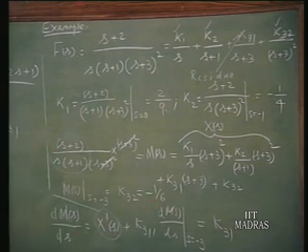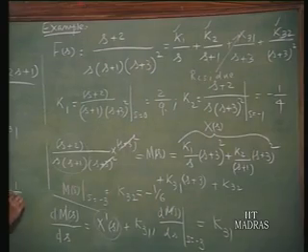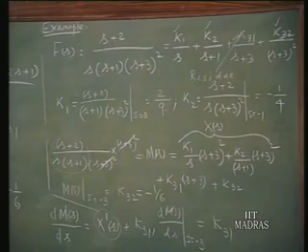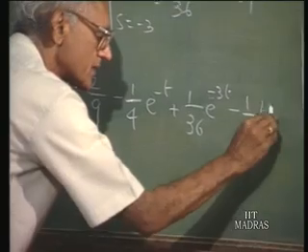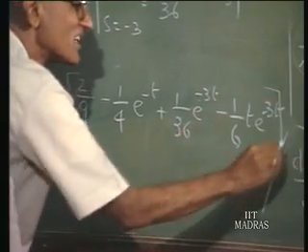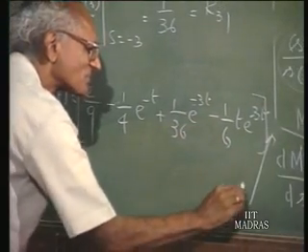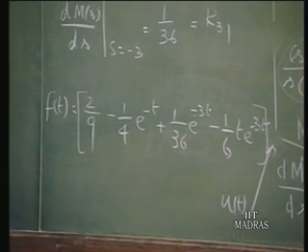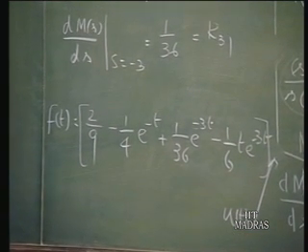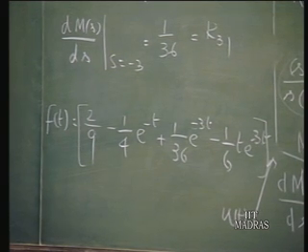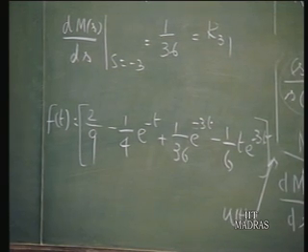Therefore, this becomes minus 1 by 6, and since it's k32 over s plus 3 whole squared, the inverse Laplace transform is t multiplied by e power minus 3t, and the whole thing is multiplied by u of t. So the final answer is 2 upon 9 minus 1/4 e power minus t plus 1 by 36 e power minus 3t minus 1/6 t times e power minus 3t multiplied by u of t. That is the final result.